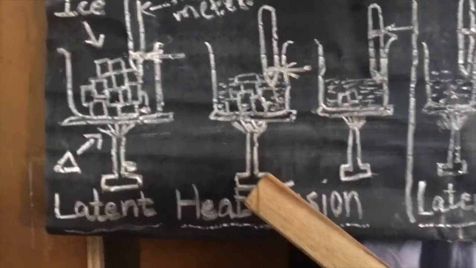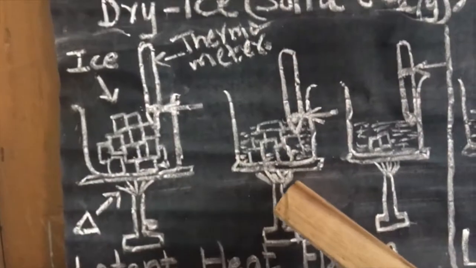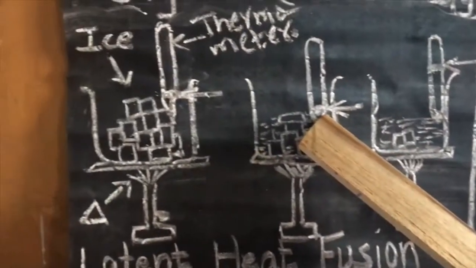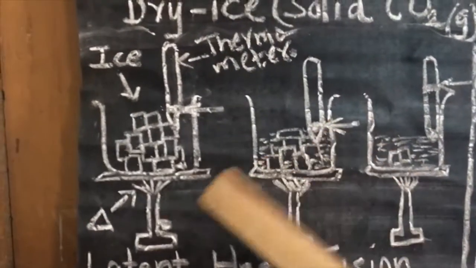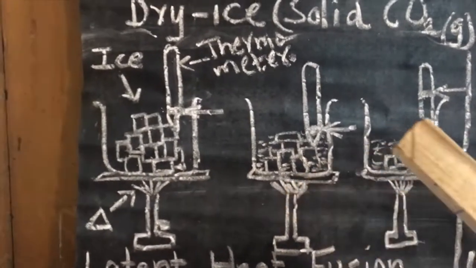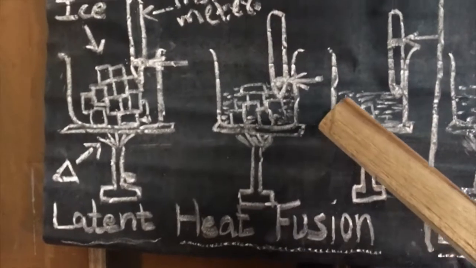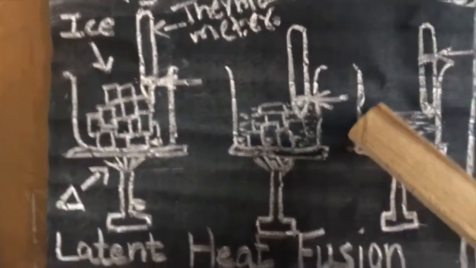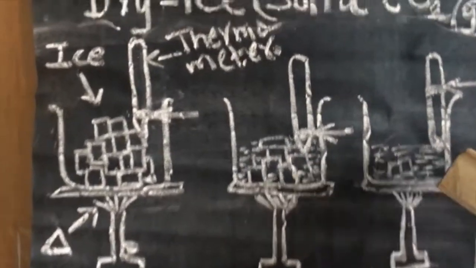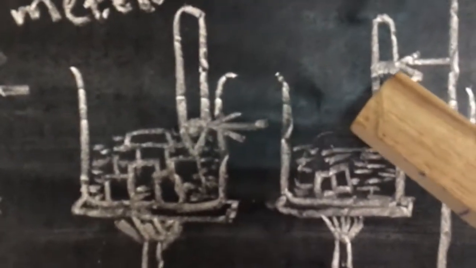Then the question is, heat is continuously given. Why is there no rise in the temperature? Where has the heat gone? And here you see, heat is still continued. Now, most of the crystals are melted and the temperature has risen.